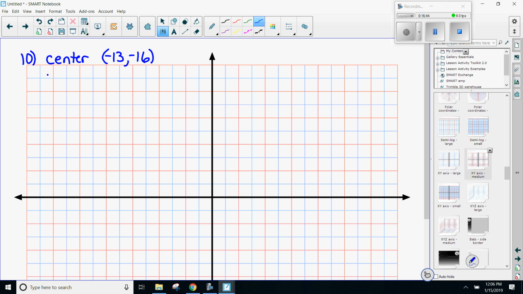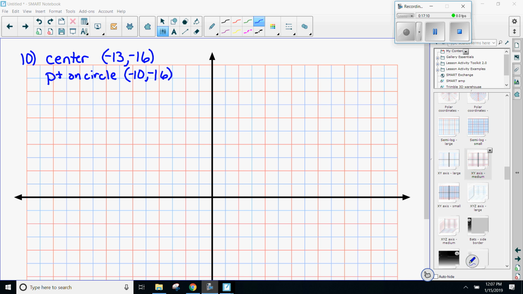And then it says that a point on the circle, they're not giving me the radius anymore. They're saying a point on the circle is negative 10, negative 16. I want to know what is the radius. I will give you 2 minutes to discuss it with your group, and figure out how do I find the radius. What would you do?